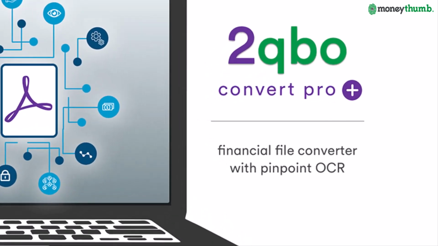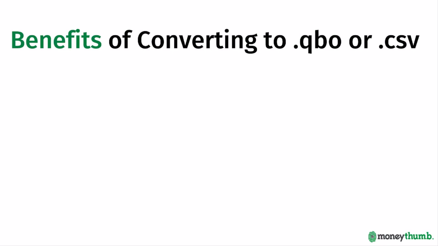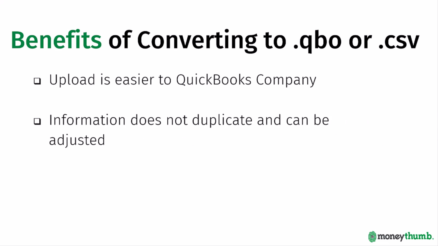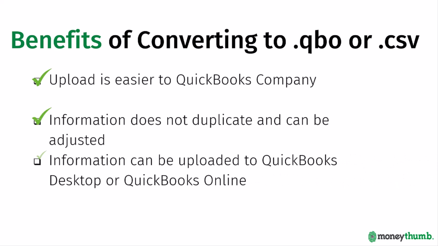Now, let's go into the benefits of converting to .QBO or .CSV. First of all, upload is easier to the QuickBooks company. Second of all, the information does not duplicate and can be adjusted. And third, the information can be uploaded to QuickBooks Desktop or to QuickBooks Online.